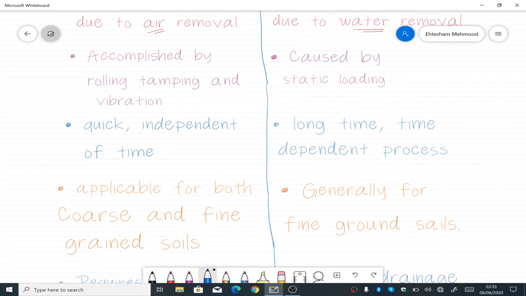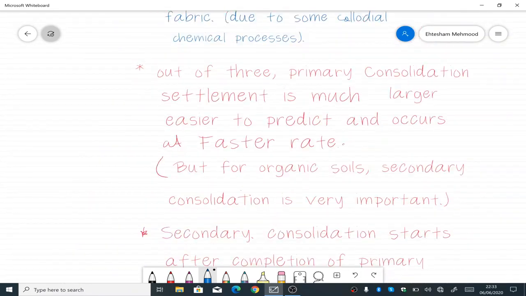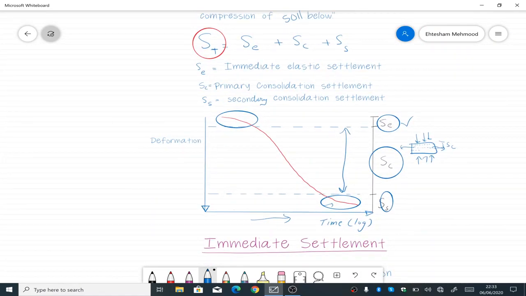Compaction is quick and independent of time. There is no role of time, whereas consolidation is a time-taking process and obviously time dependent. If we go back to the graph that we have already seen, time is increasing from left to right, and with the increase of time, the settlement is also increasing.